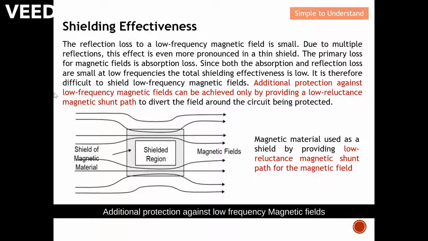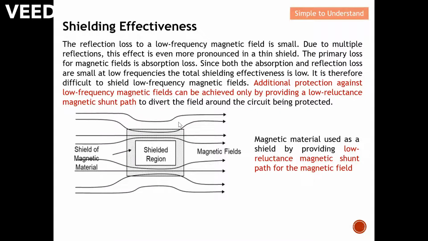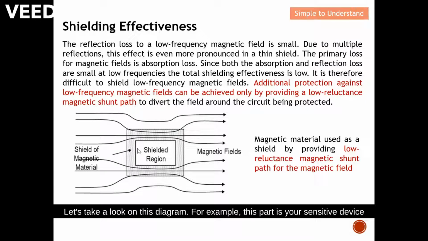Additional protection against low frequency magnetic field can be achieved only by providing a low reluctance magnetic shunt path to divert the field around the circuit being protected. Let's take a look at this diagram. For example, this part is your sensitive device or component, and the magnetic field is moving from the left to the right. So what you can do is provide this low reluctance magnetic shunt path here.